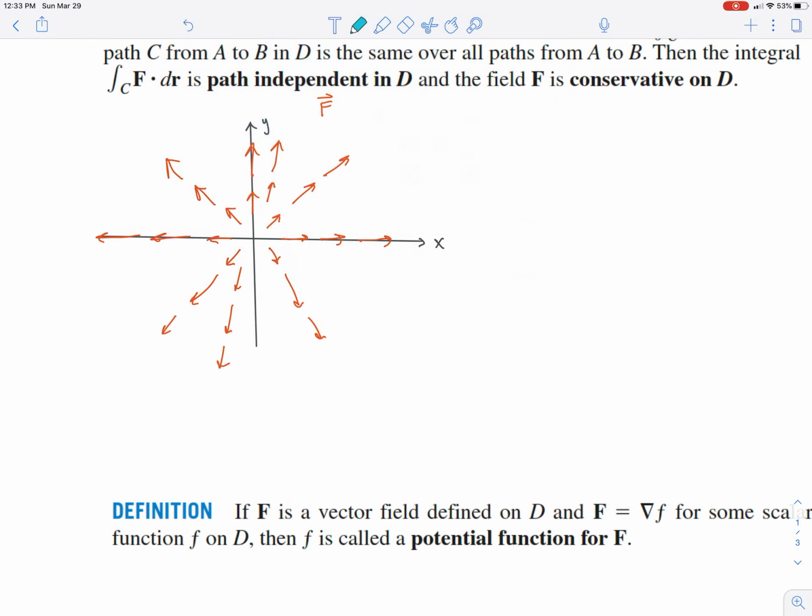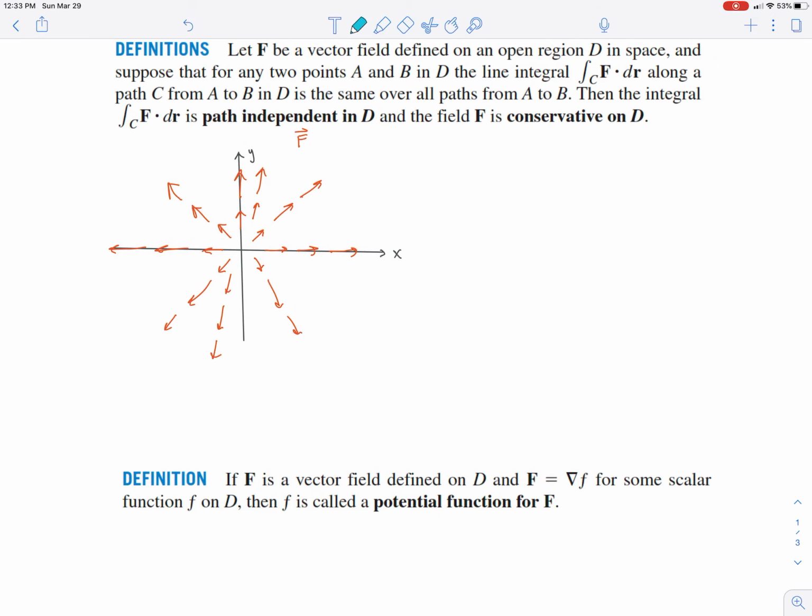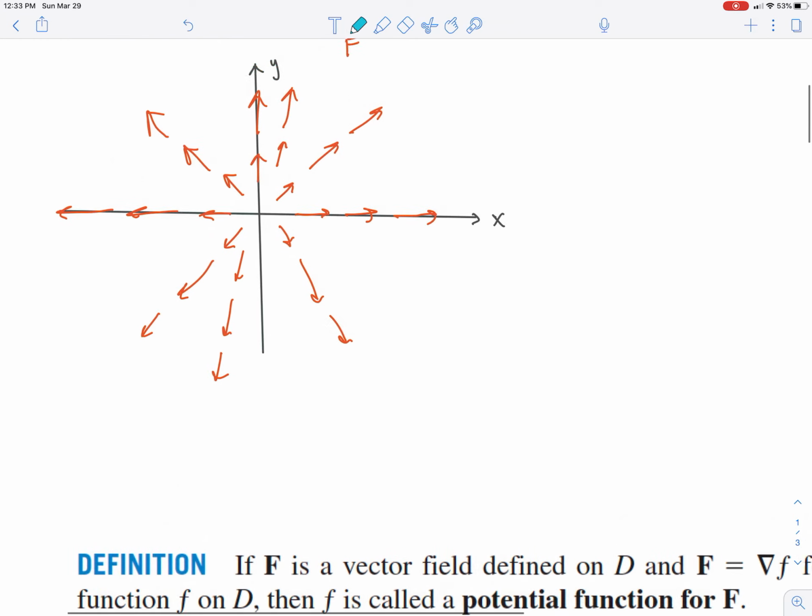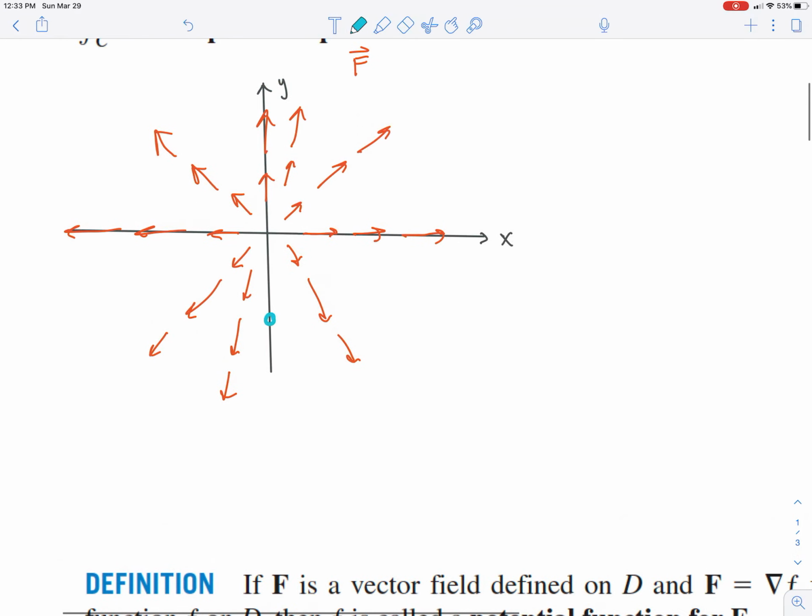Okay, so here's F. And now let me get a thicker marker to do C. So now we're going to draw a random path C from A to B. So let's say here's A and here's B, our two endpoints of our path that we're going to integrate across. And maybe the first C we try is just a straight line.